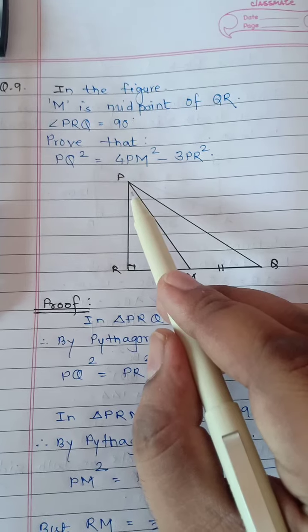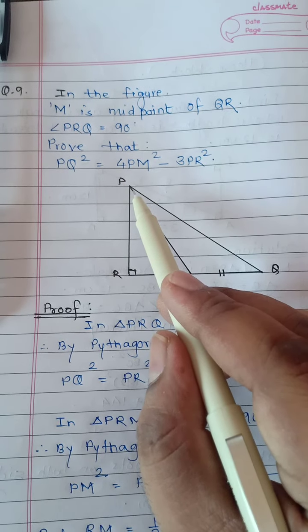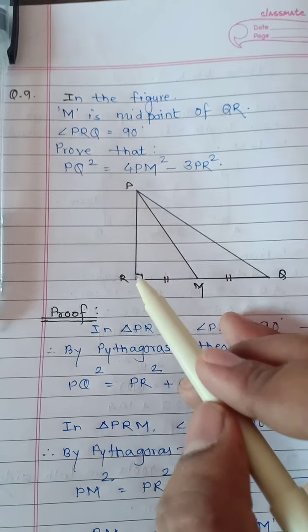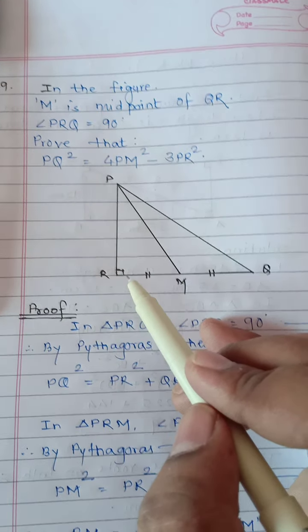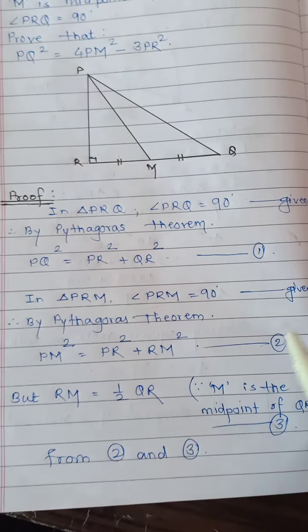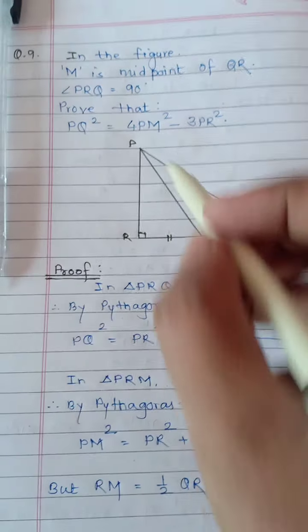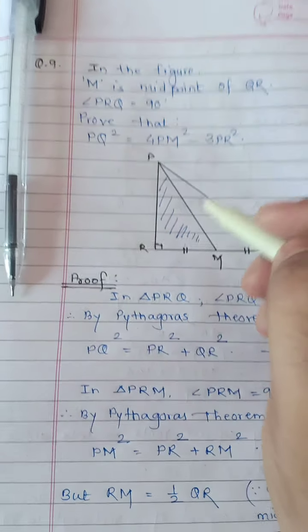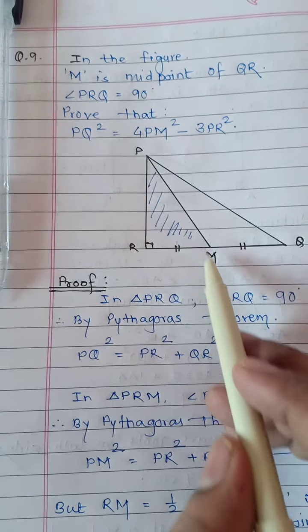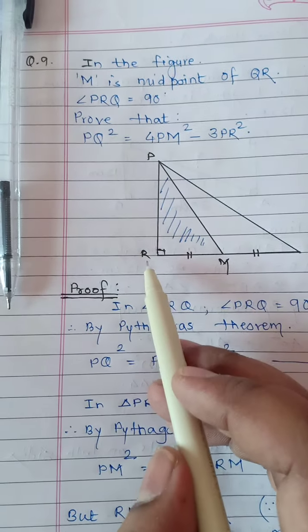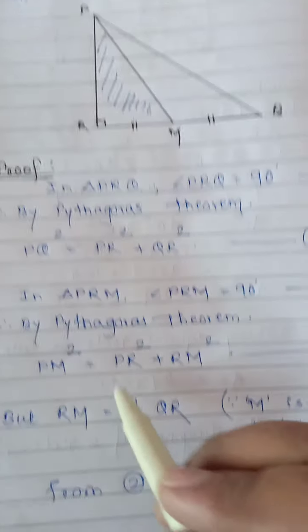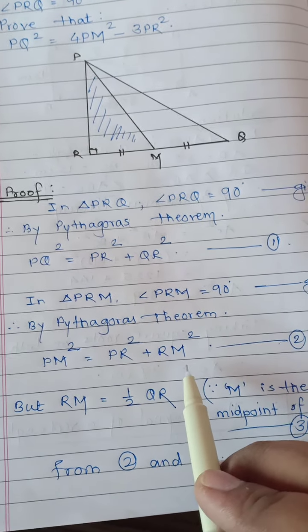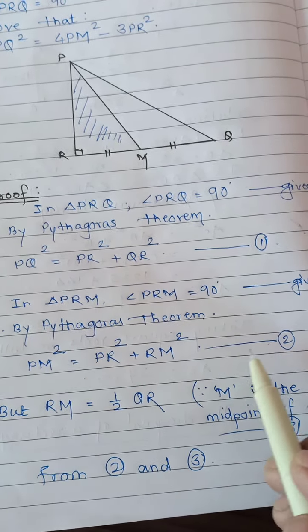Consider again the second right angle triangle, small right angle triangle, that is PRM, where angle PRM is again of 90 degree given. Again in this small right angle triangle, consider Pythagoras theorem. So we'll get the formula PM square equal to PR square plus RM square. Let this be equation 2.